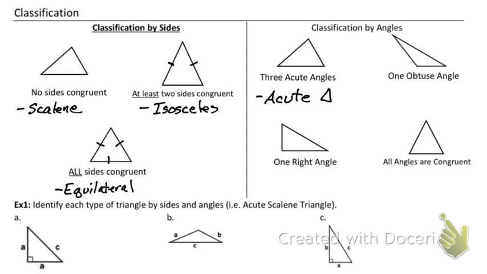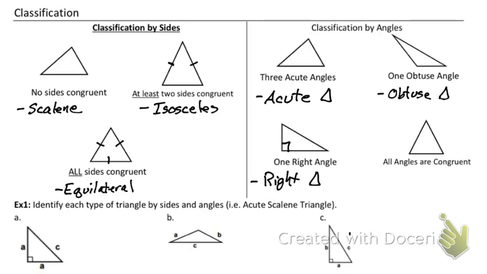If you see something open up really wide, that is going to be an obtuse triangle. If you have one right angle, so we're actually going to mark that angle and make sure it's right, that is going to be called a right triangle.